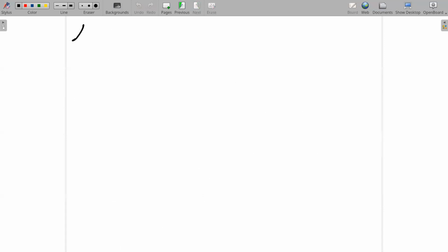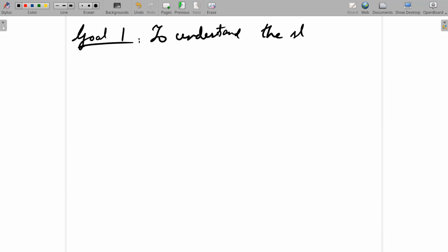So goal one was for humans to understand the structure of the decision space. And goal two is to make a computer understand it. Our efforts will be very much geared towards that. Goal one, to understand the structure of the decision space, we want to do by introducing suitable notation, suitable language, suitable definitions.